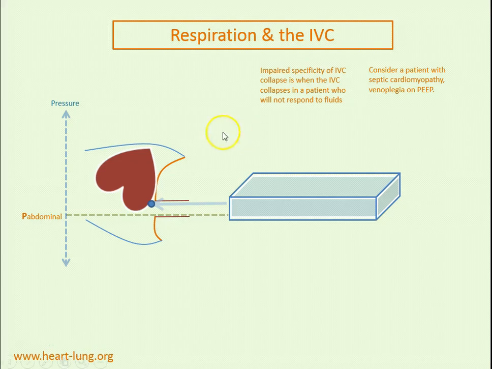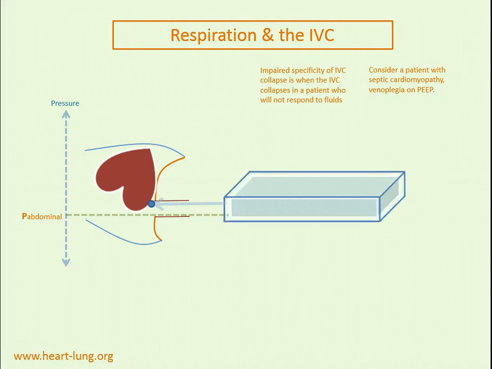And as you can see, that would tend to distend the IVC because it's increasing relative to our sea-level intra-abdominal pressure here. But say also this patient's sepsis is evolving and they're becoming venoplegic, also vasoplegic, but also venoplegic.